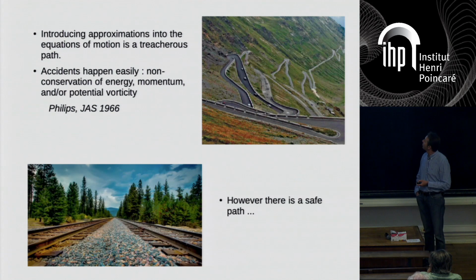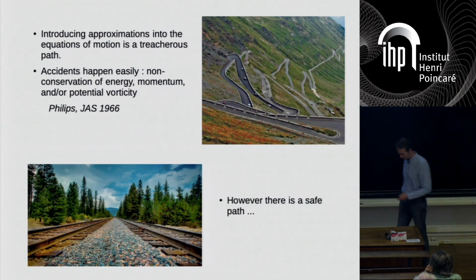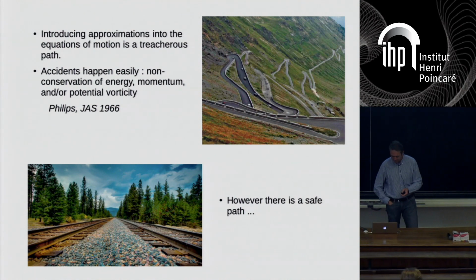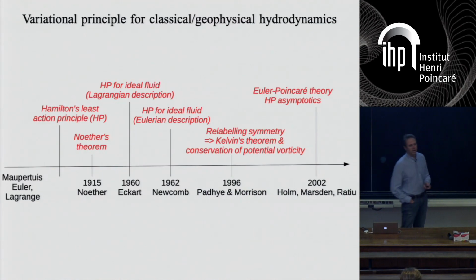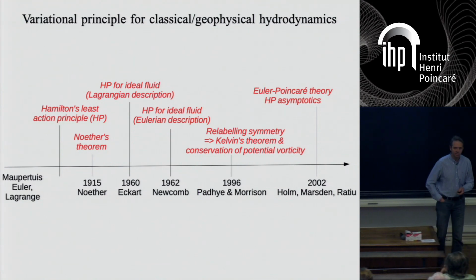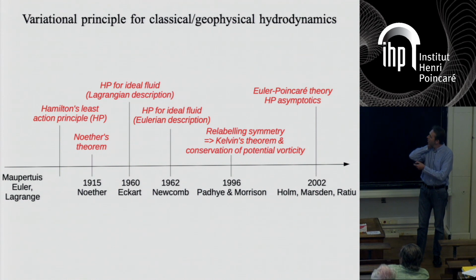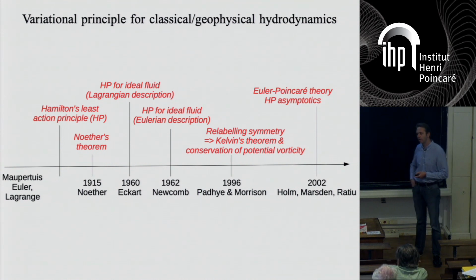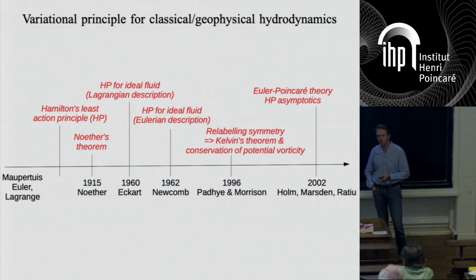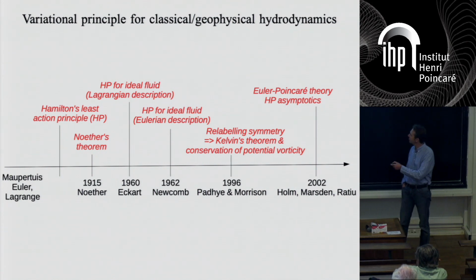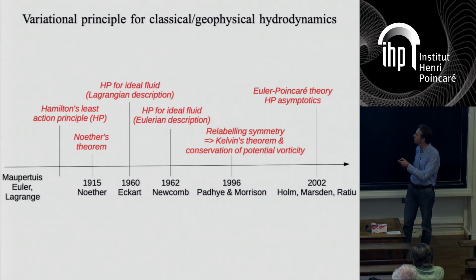There's also a safe path, right? You go on the rails, and nothing can happen to you. You'll always conserve everything that needs to be conserved. This path has been paved for us some time ago. It started with early mechanics. This is all based on variational principles, Hamilton's principle of least action. This was really developed for, say, solid and point mechanics in the 18th, 19th century.